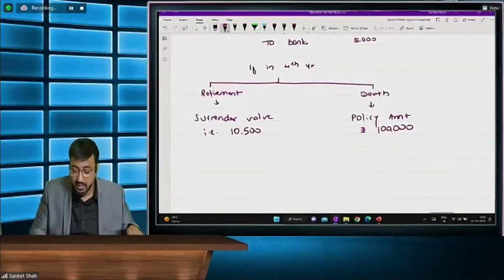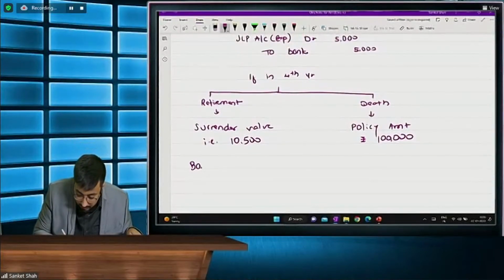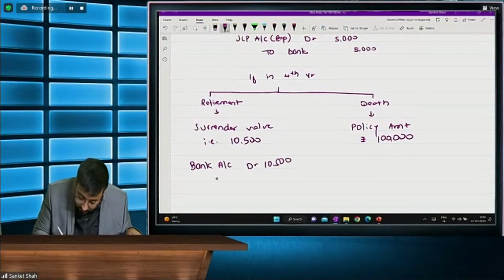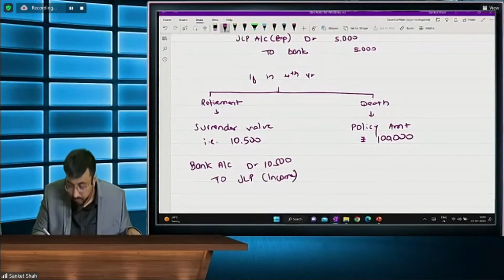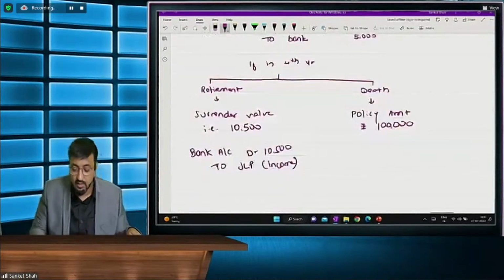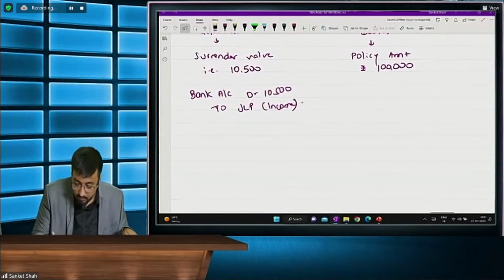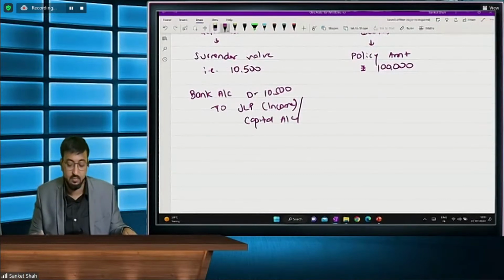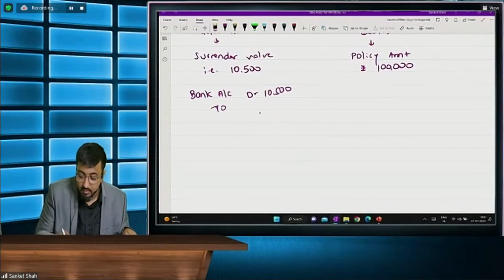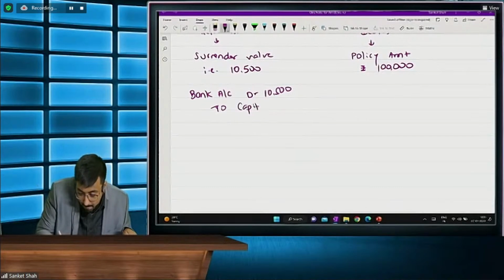So at that time the entry will be: bank account debit 10,500 to JLP income. So the expense you will transfer to the partners' capital. JLP income or capital account directly. Instead of showing JLP income, you will directly transfer to capital account 10,500.